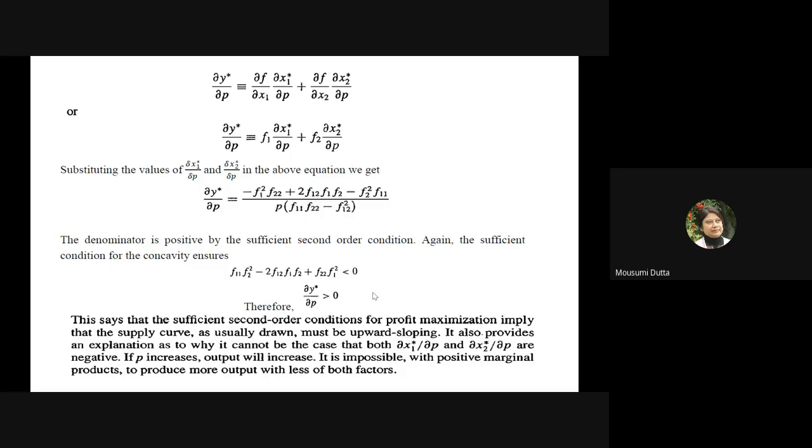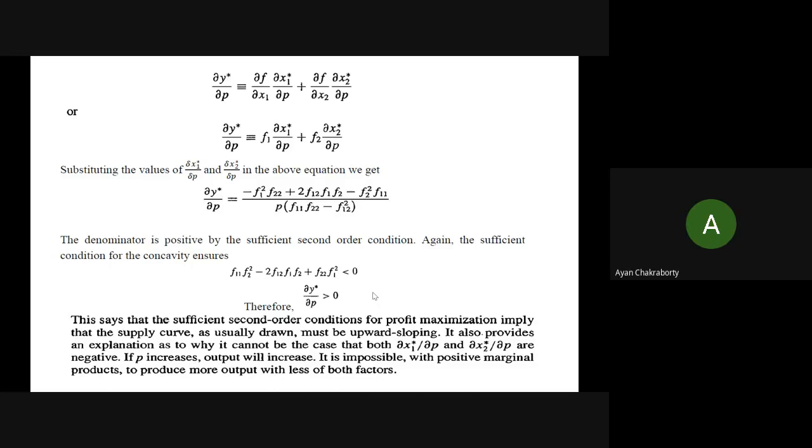Other things remaining unchanged, W1, W2 remaining unchanged, if there is a change in P, there will be a shift of the supply curve. So in comparative static analysis, concentration is on parametric shift. If there is a change in this parameter value, under most circumstances there will be a shift of the curve.